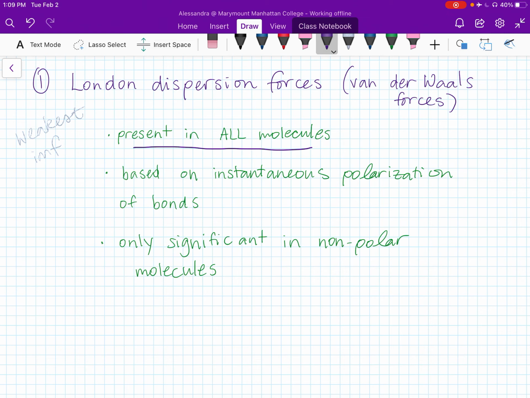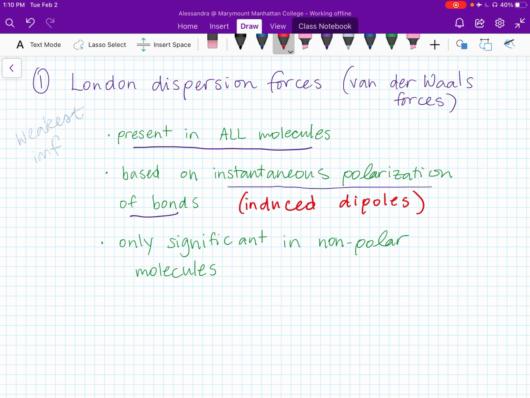Sometimes you'll hear that referred to as induced dipoles, and I'll define what induced dipoles are in just a moment. Although they are present in all molecules, London dispersion forces really are only significant in nonpolar molecules, molecules with no dipole.